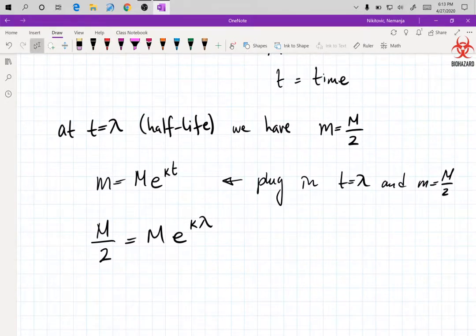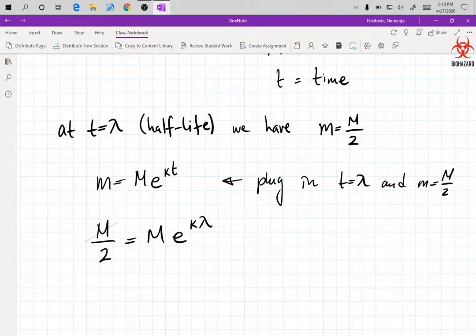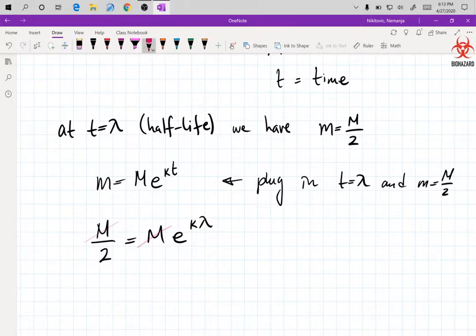Divide both sides by capital M, which is a non-zero number, because you have to start with some mass. You can't just start with nothing. So we say some mass M, whatever it is, and now this becomes 1, so 1/2 equals e to the k lambda.